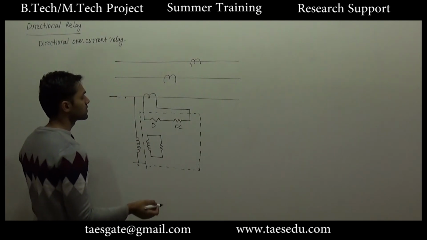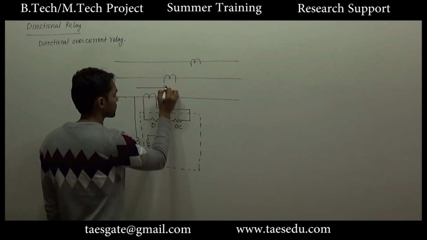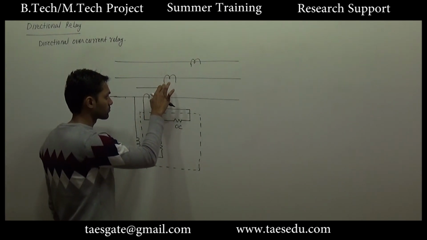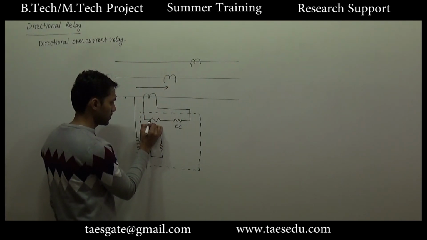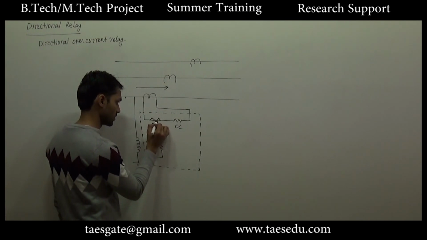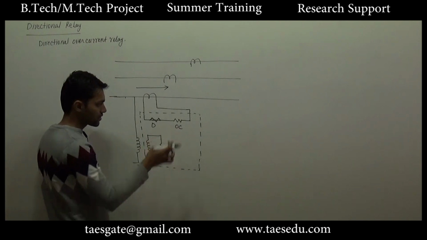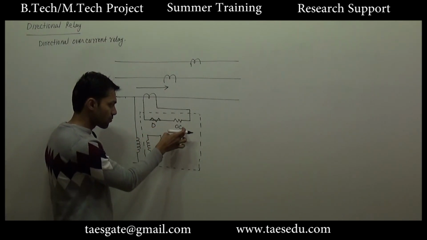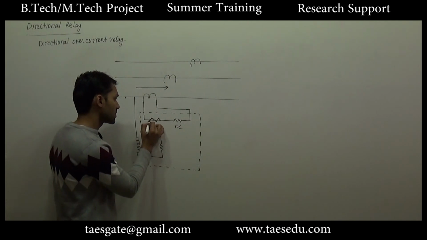Let's say this relay is made to operate for this direction of current. So for this direction of current, the directional relay will trip, or it will close the circuit. Since the overcurrent relay is connected in series with the directional relay, the overcurrent relay can operate only if this circuit is closed.